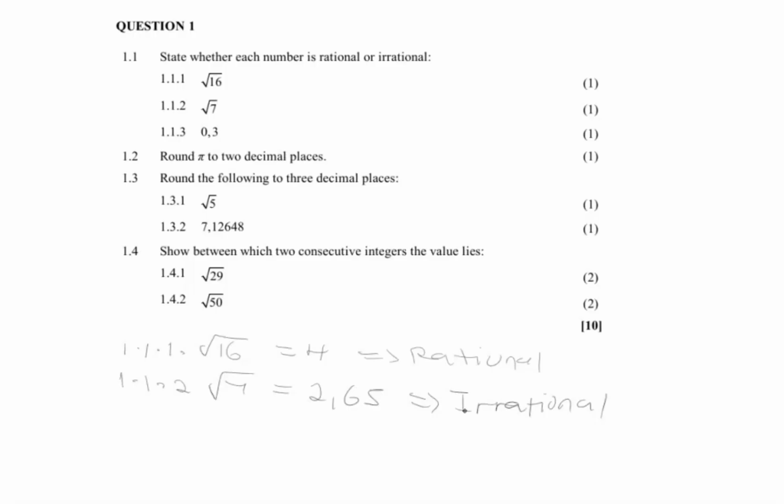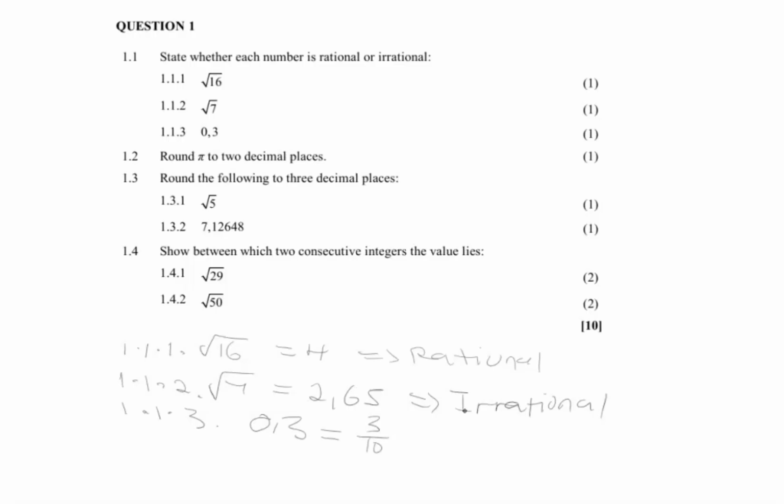So the next question that we were given is question 1.1.3. You are given 0,3. So punching 0,3 on your calculators, you should get 3 over 10.